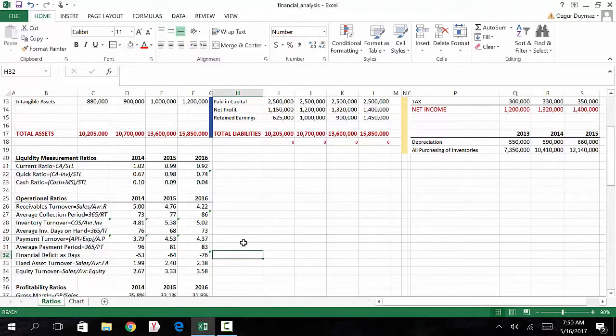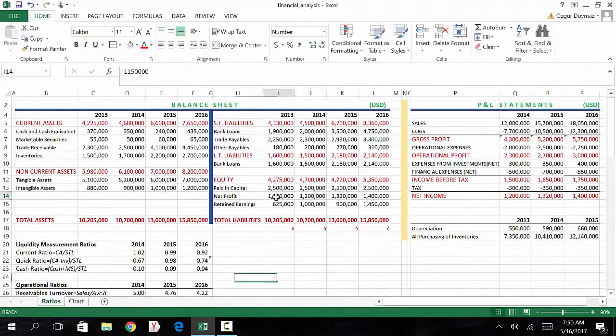If you look at the retained earnings, they increased only slightly despite the income the company earned year by year.